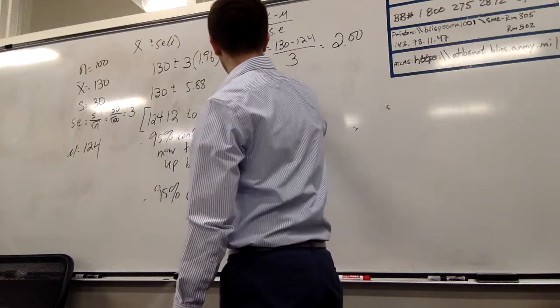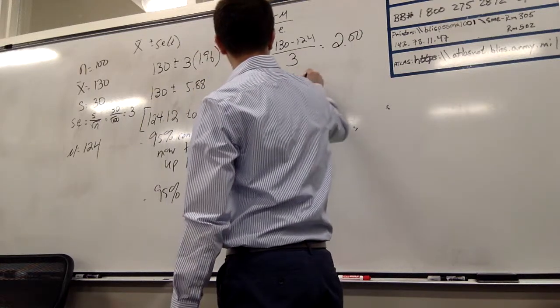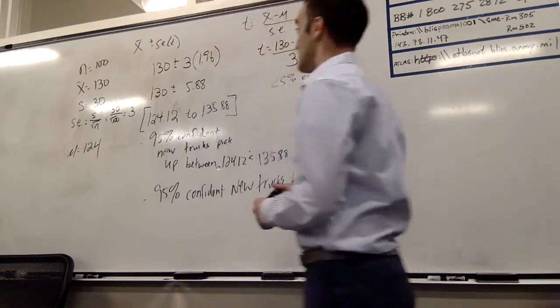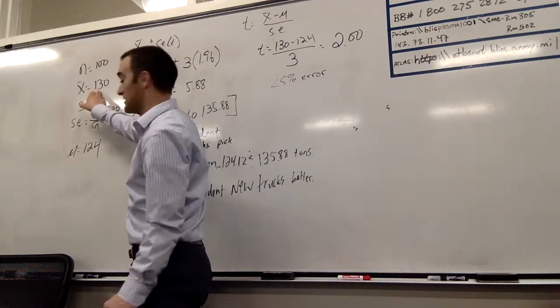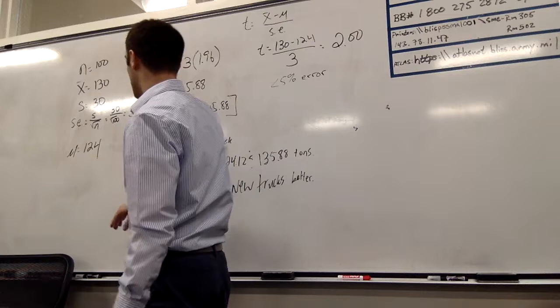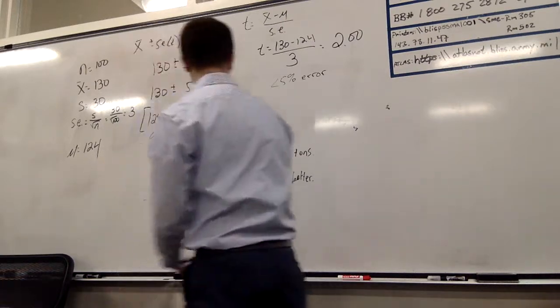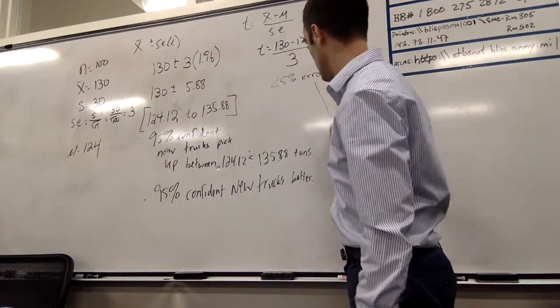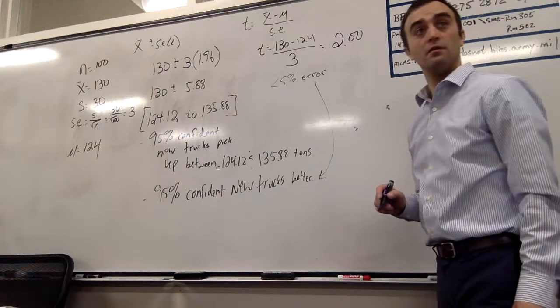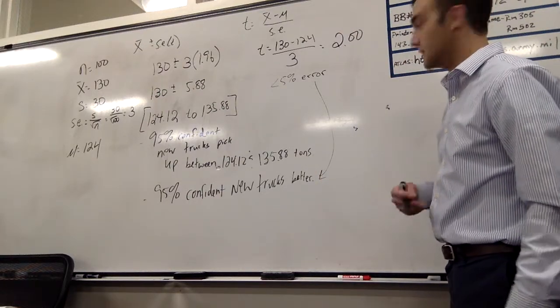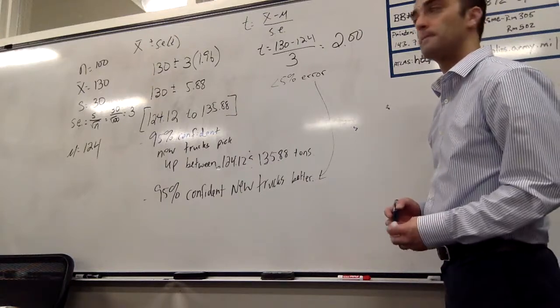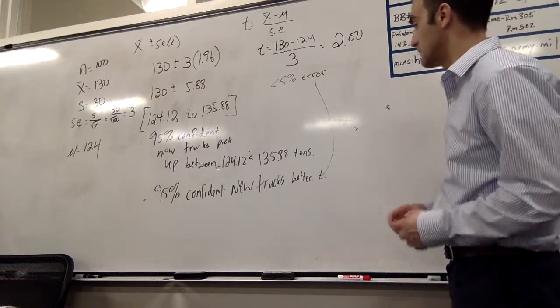So there's less than a 5% chance of getting 130 in the sample if these new trucks are no better than 124. So same conclusion, the new trucks are better. Either way works.